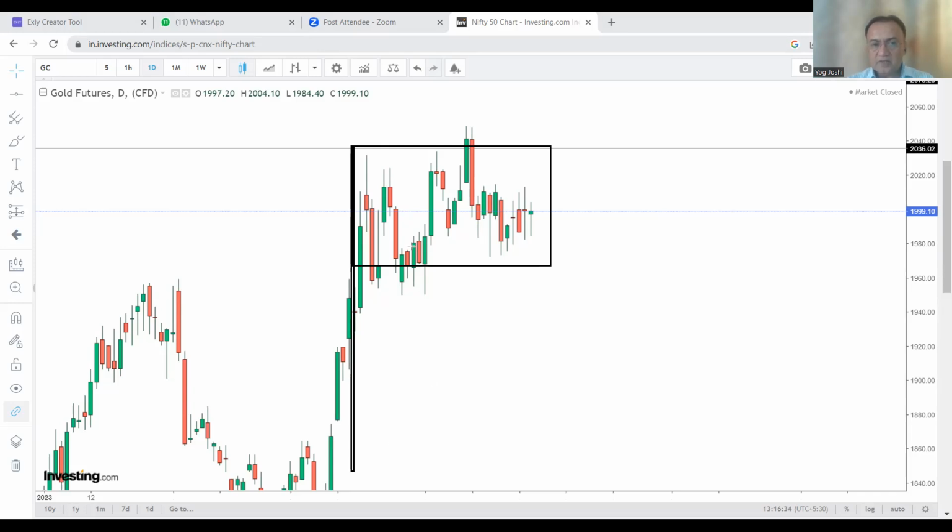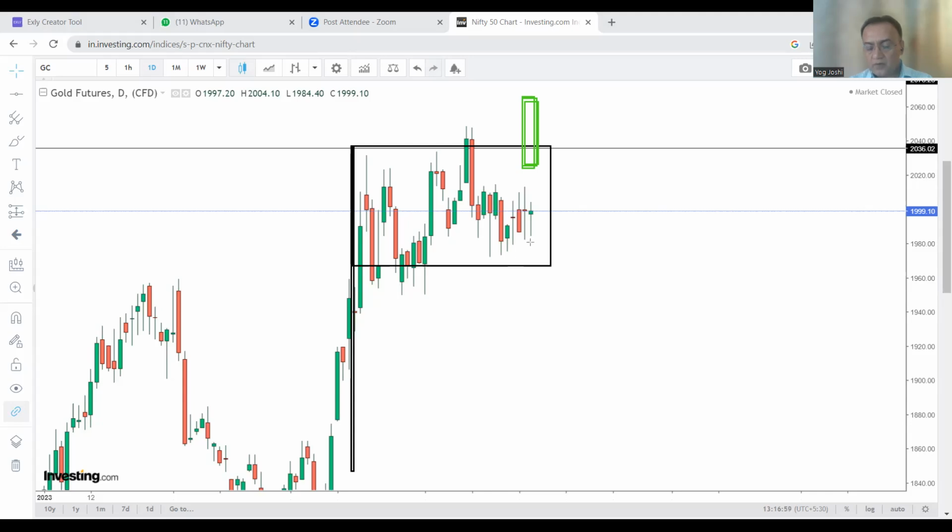When gold is able to break this flag or box with a very bullish candle, we can say this is an upside positive breakout, and a sign to start a new trend, a new upward movement or uptrend.